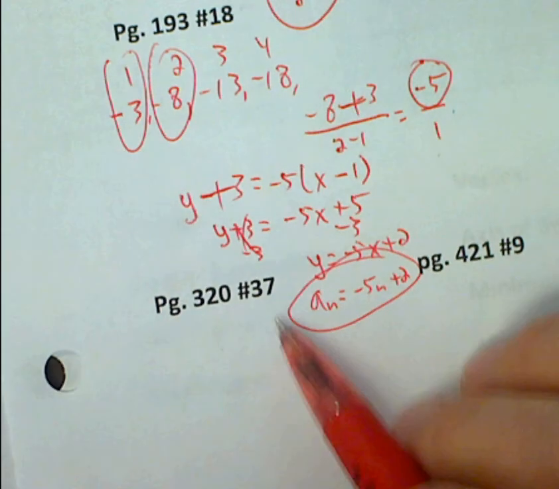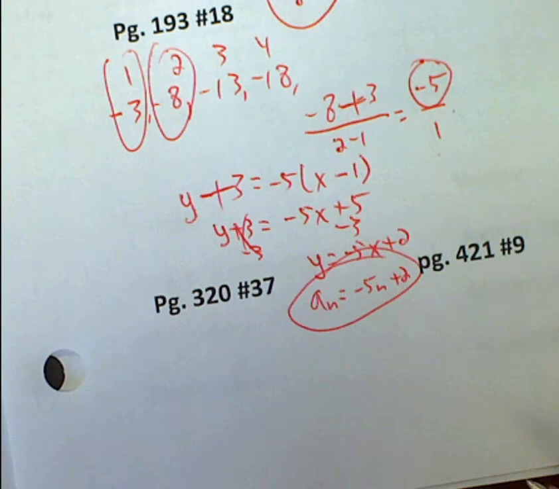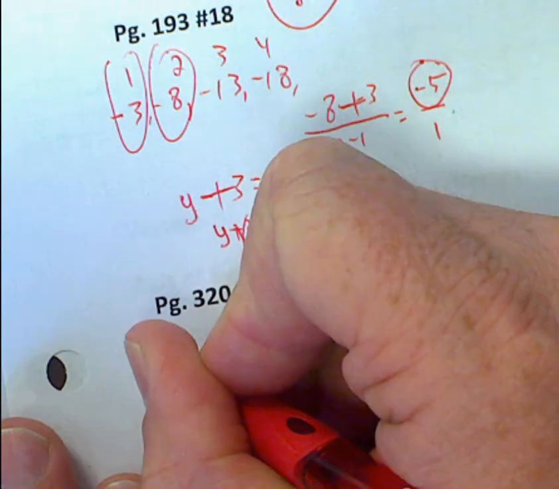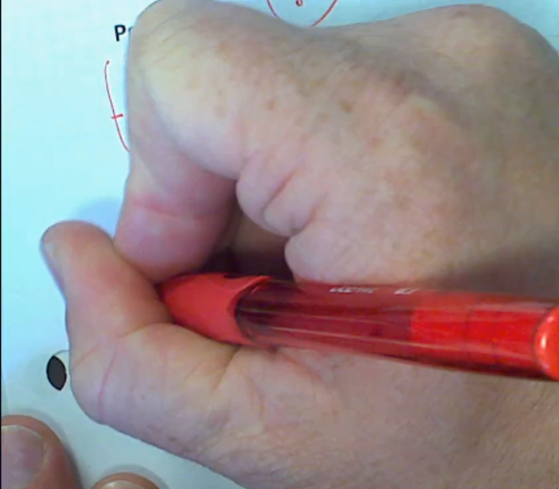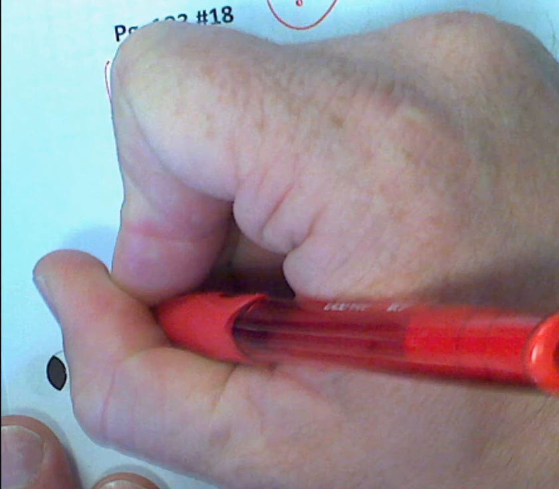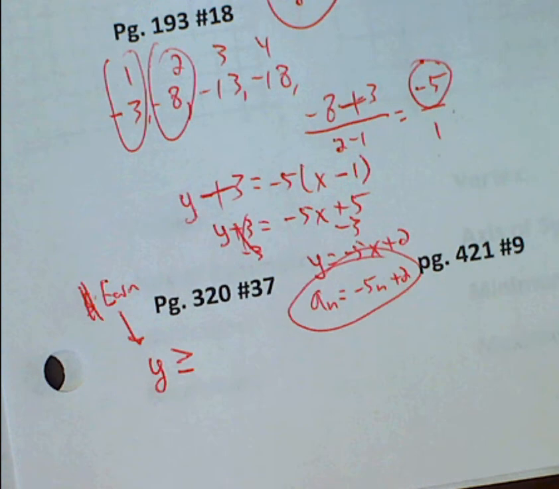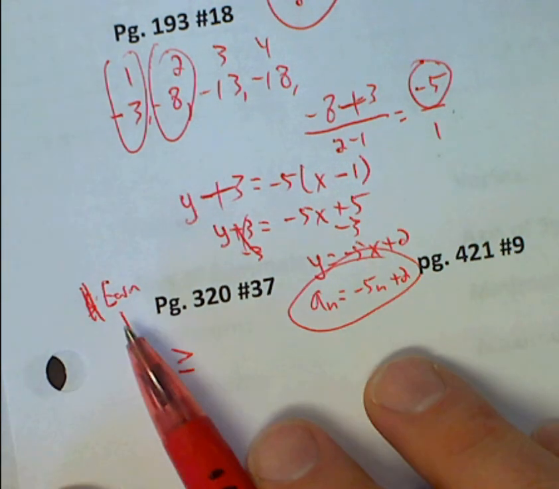So they are selling hot dogs for $1. So I'm going to say y needs to be greater than or equal to. Y is going to be the money which we earn. Okay, so I apologize.